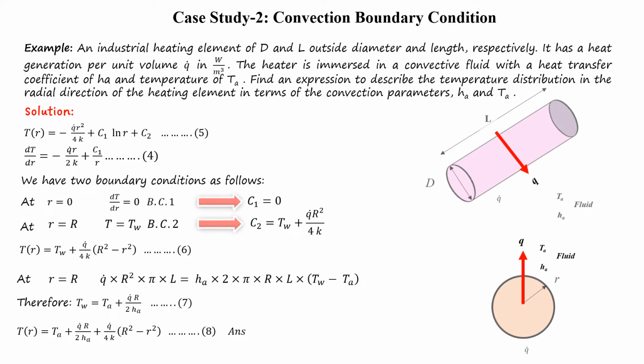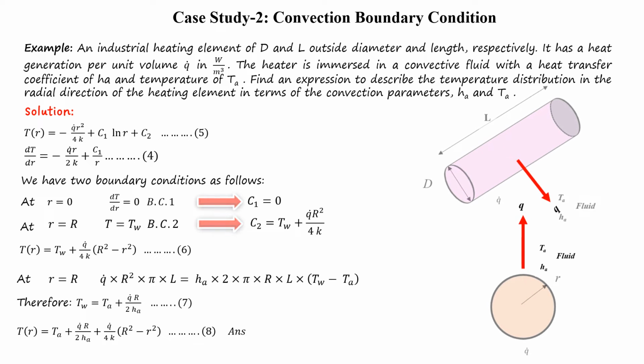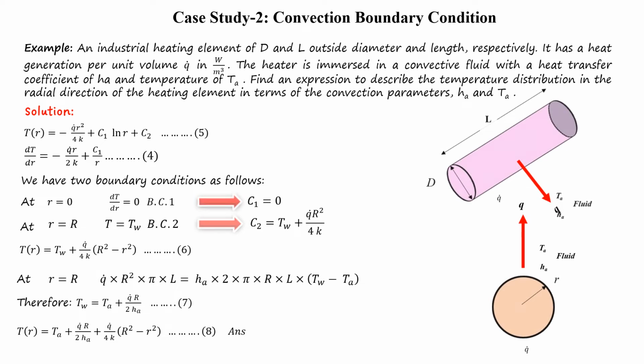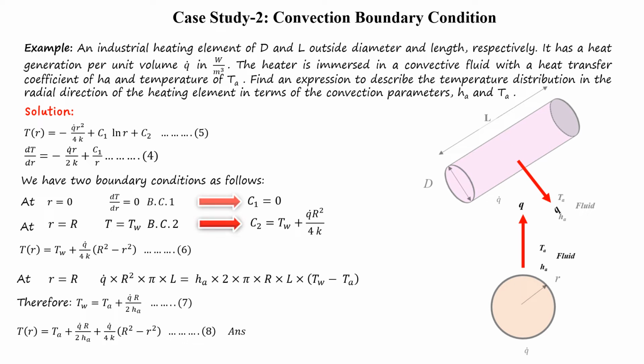And if we substitute the value of T sub W in equation number 6, then T of r is represented by equation number 8, which gives the temperature distribution in the radial direction in terms of q dot, capital R, h sub A and the thermal conductivity of the cylindrical object.